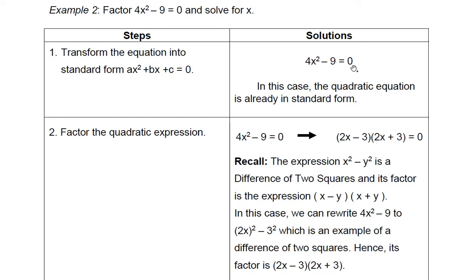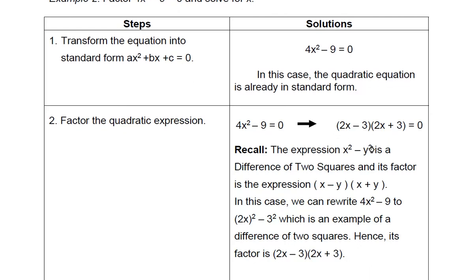This expression can be factored using the difference of two squares. So we have the factors: the quantity 2x minus 3 times the quantity 2x plus 3.